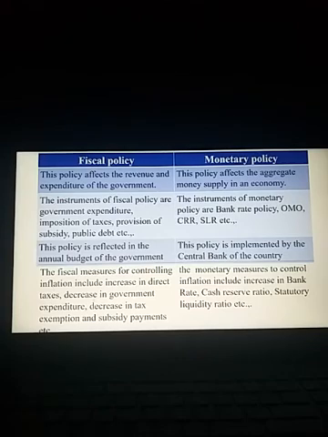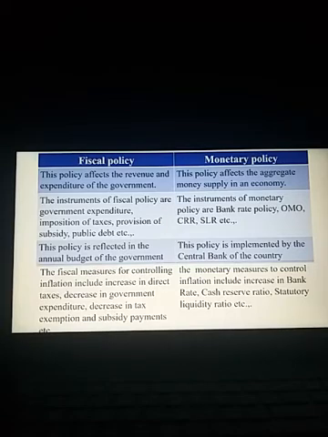Just recollect, in money and banking, there is a separate heading. Long back, we discussed what is inflation and how to control inflation. These measures we have already discussed. It's just a repetition. Just remember, to control inflation, direct tax is to be increased, whereas government expenditure, tax exemptions, and subsidies have to be reduced so that inflation can be controlled.